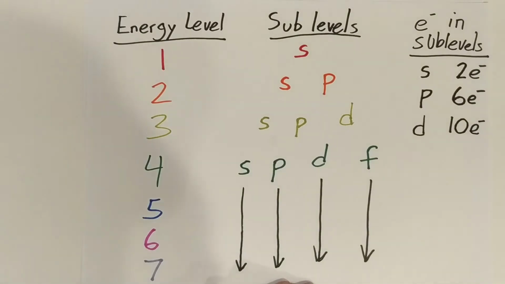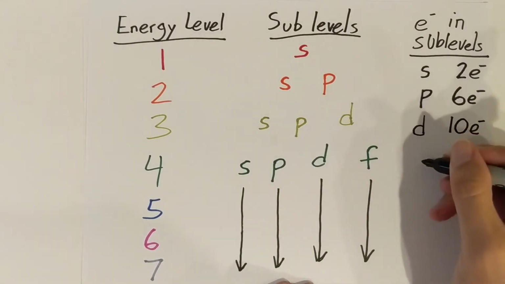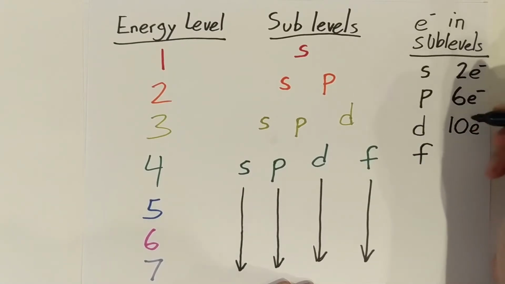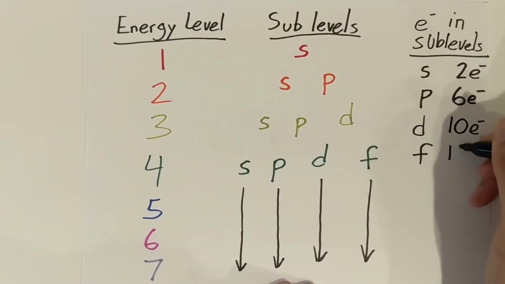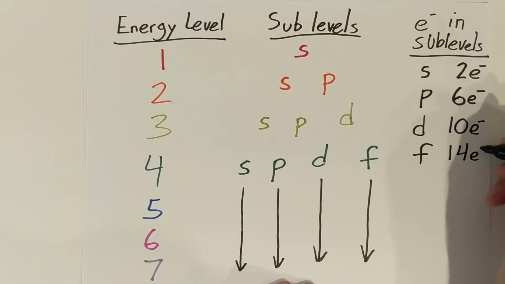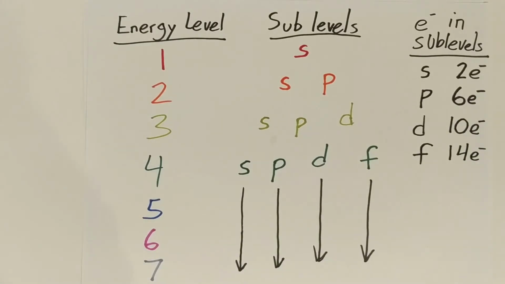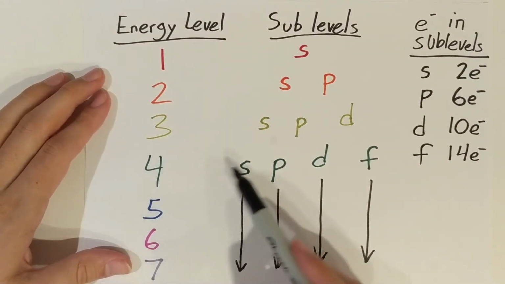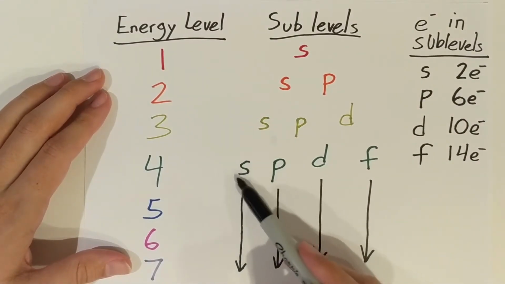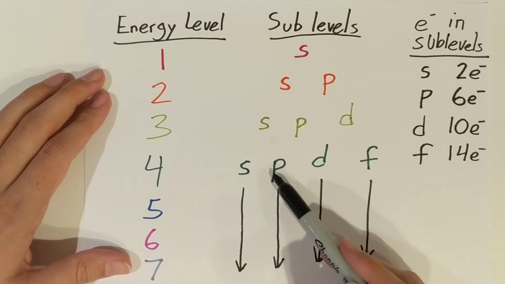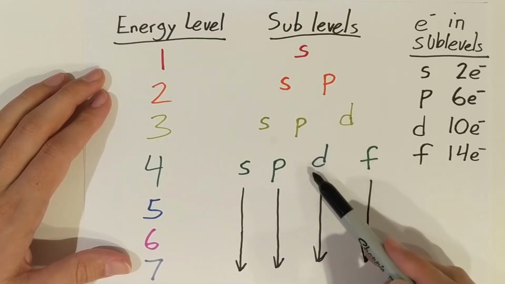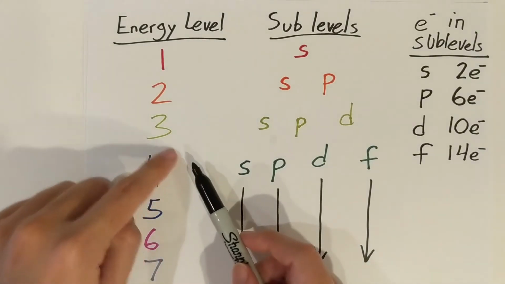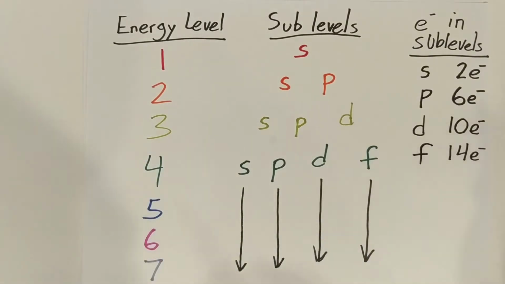And then F, and you can kind of see the pattern here. It gets 4 more. F can fit 14 electrons. And just like the last one, our energy level 4 here can fit 2 in the S sublevel, 6 in the P sublevel, 10 in the D sublevel, and 14 in the F sublevel. So you can have a total of 32 electrons in energy level 4.